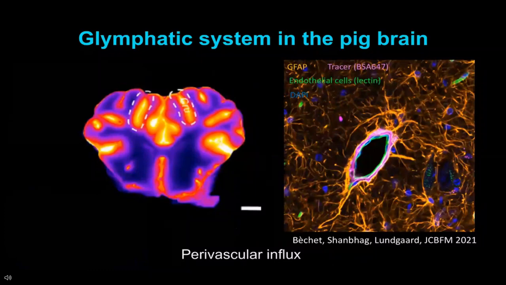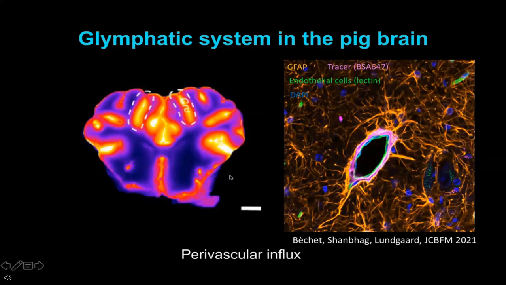So what we saw here in the pig brain was that the glymphatic system, and here we are tracking fluorescent CSF, and we're looking at how it distributes in the pig brain. Here we have a coronal slice, and we saw that the CSF dye was very concentrated in these fissures and sulci of the pig brain.